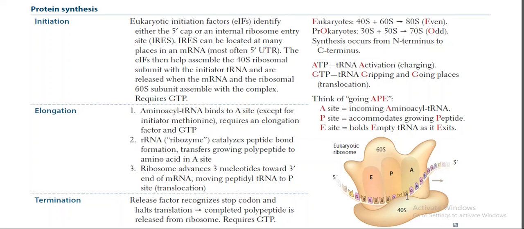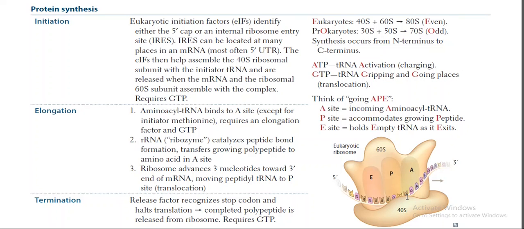Simultaneously, the energy is also used to remove the initiation factor 1 and 3 from the smaller subunit, so as to favor the reassociation of the smaller and larger subunit. Therefore, the 70S initiation complex in prokaryotes or 80S initiation complex in eukaryotes has been formed.